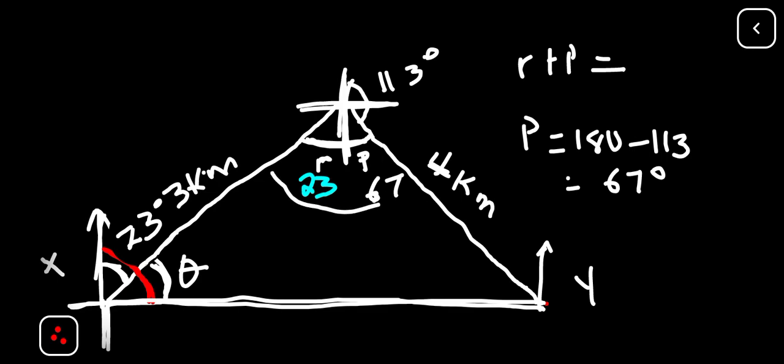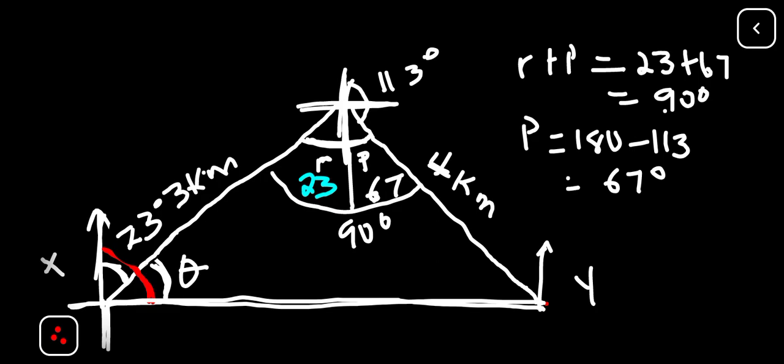So this whole angle here is 23 plus 67, which is equal to what? 90 degrees. So it's obviously a right angle triangle, so we can easily use SOHCAHTOA. But it's important you always find this angle that is formed from the two sides.